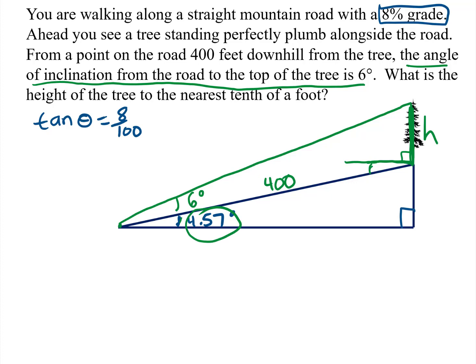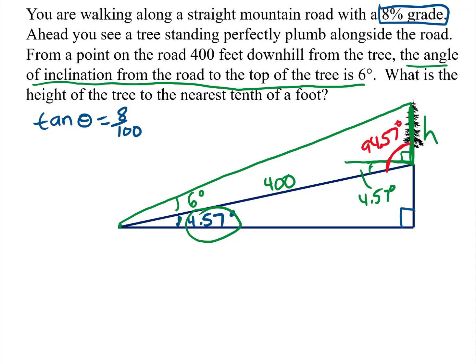You can see our parallel horizontal lines, and we've got those alternate interior angles. And so this little angle right here must be 4.57 degrees as well. So we can figure out this entire angle in the triangle is going to be 94.57 degrees, the 90 plus that little piece.